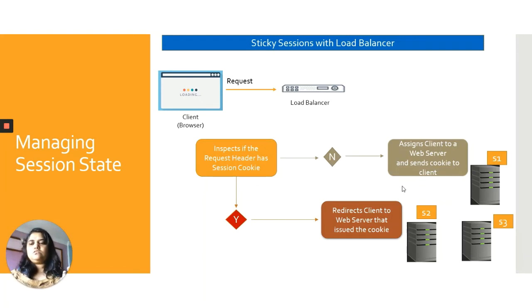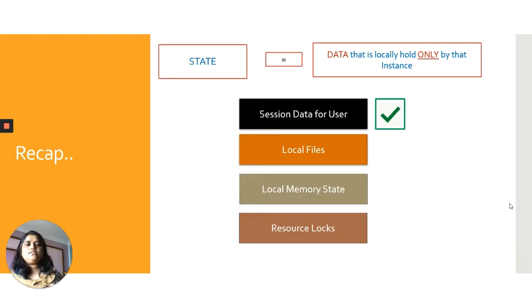Suppose it was S2 which had issued the session cookie, so the load balancer will redirect to the server S2. This is how we can use sticky sessions with the help of the load balancer to manage the session state. We have seen how we can store our session data so that we can make the layers scalable.